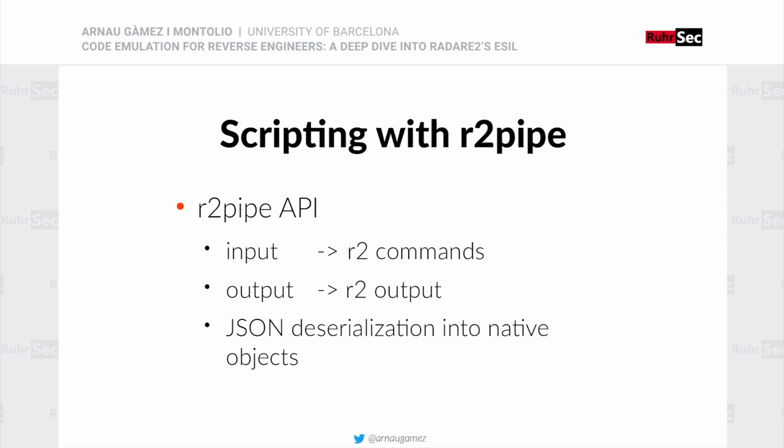And of course, there is some cool stuff: it can perform JSON deserialization into native objects. What that means is that if we provide as an input a command with the suffix j, that, as I told you before, gives us back a JSON output of the command, it will be able to deserialize that JSON output into a native object.